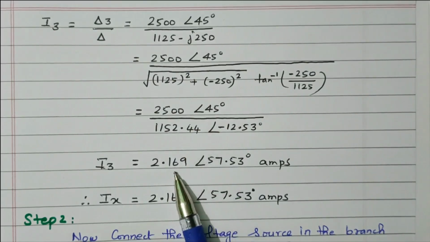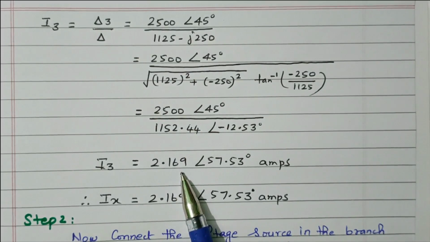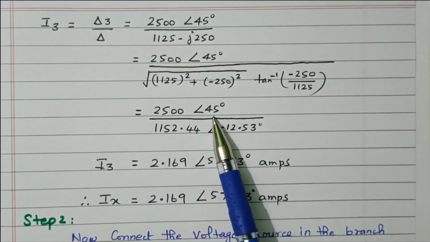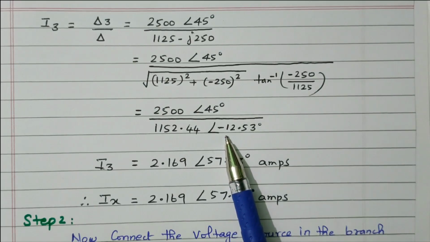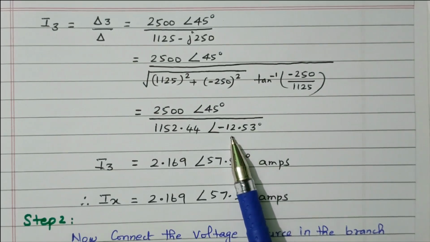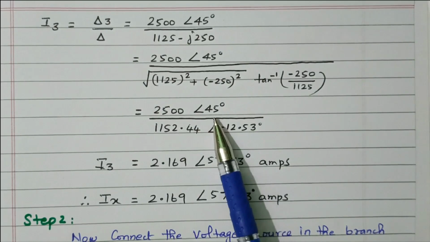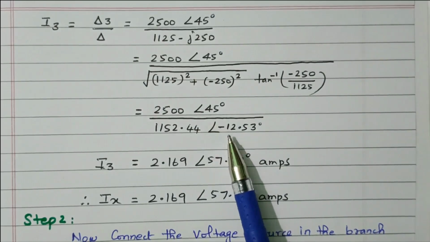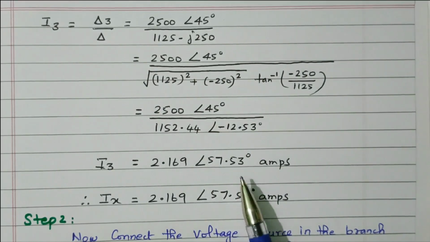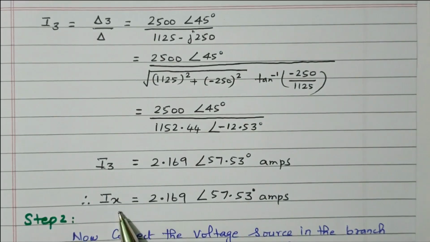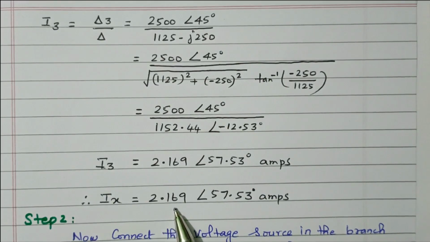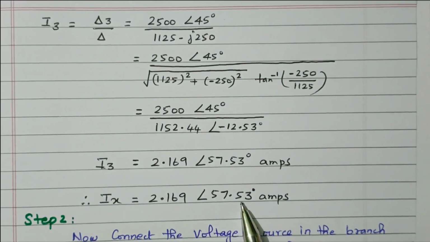That is 2.169 ampere. The angle: we have to subtract, 45 minus of minus 12.53. So while taking 45 minus, it becomes plus. So that is 57.53. So the Ix value, I3 is nothing but Ix, both are the same: 2.169 with an angle 57.53.